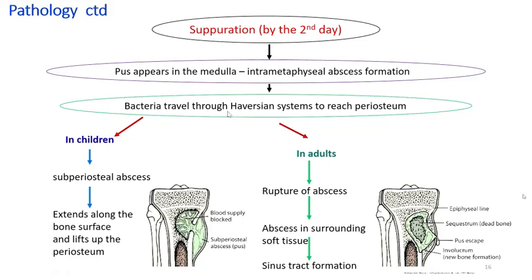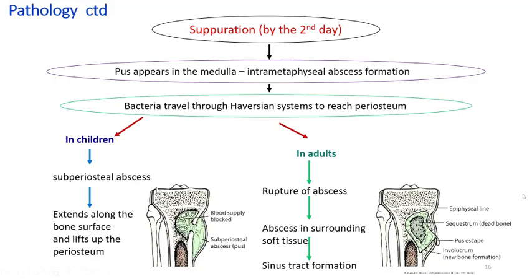There's a difference in the pathological process in children and adults because, as explained in this picture, when the pus within the bone enters the Haversian system and the periosteum, in children, the periosteum will strip off from the bone, forming a subperiosteal abscess.